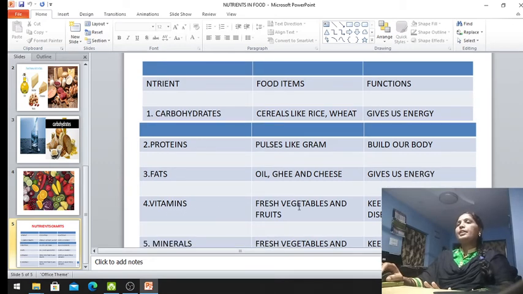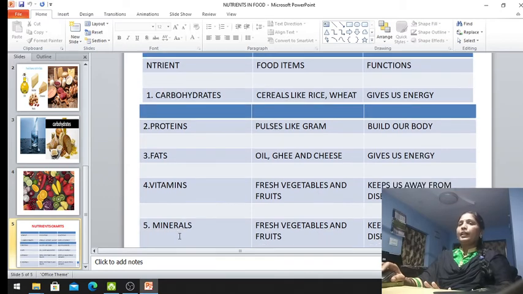Vitamins are present in fresh vegetables and fruits, and they keep us away from diseases. When we eat fresh vegetables and fruits, we won't fall sick and we won't get diseases quickly. And the last one is minerals. Minerals are also present in fresh vegetables and fruits. They also help us to keep diseases away from us.